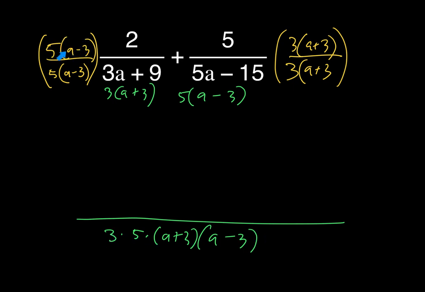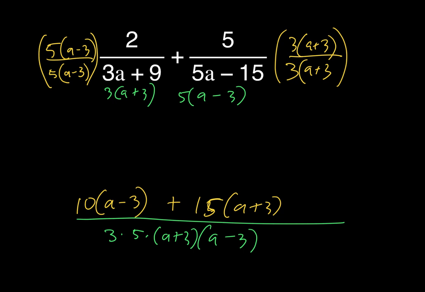So now this numerator times 2 will be 10 times a minus 3, plus this numerator times that will be 15 times a plus 3.